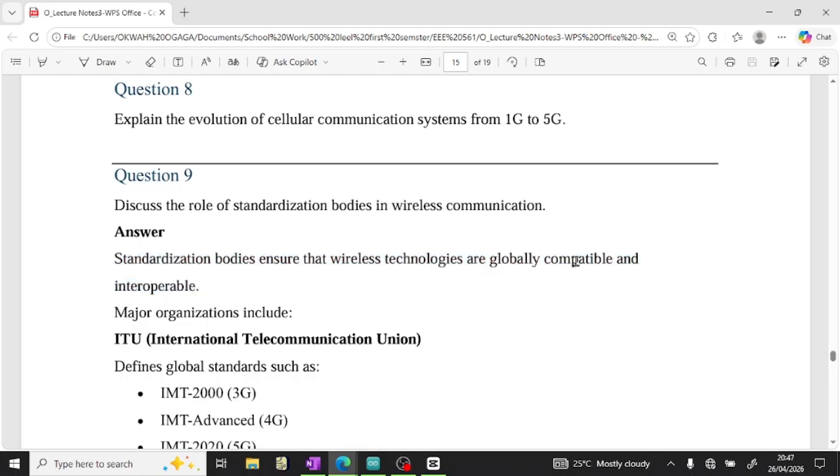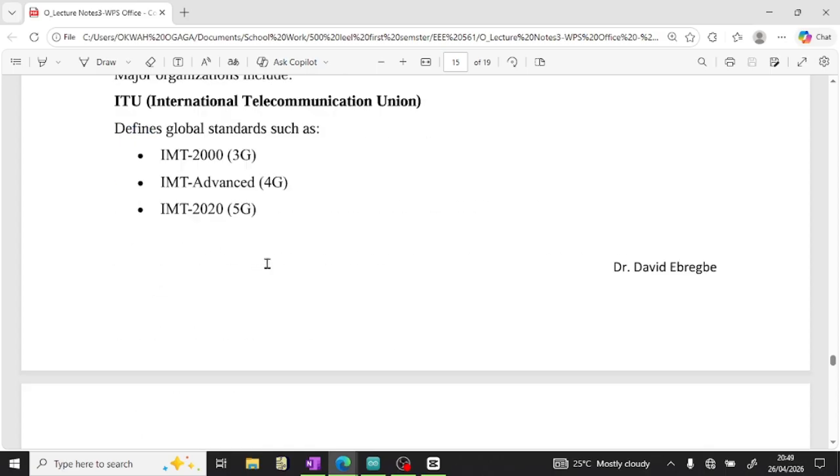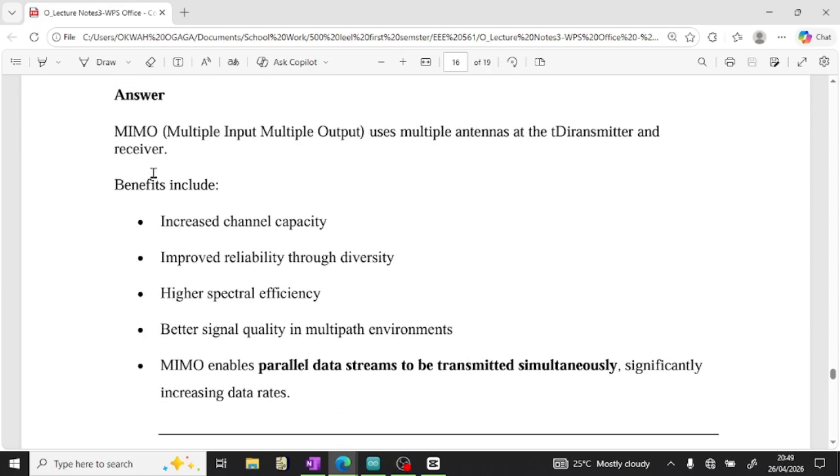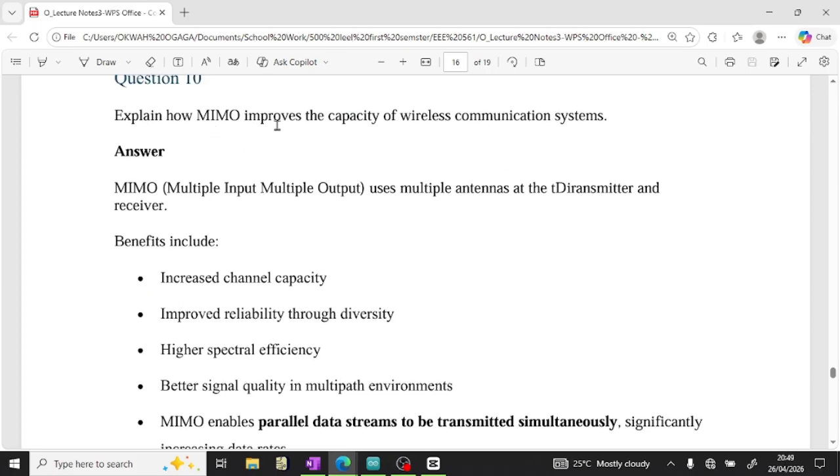I've explained what compatible means, but I should explain this one right now. Interoperable means they can work together. Compatible means they can exist together without conflicting with each other. This one, they can work together. So this is the role of standardization bodies.